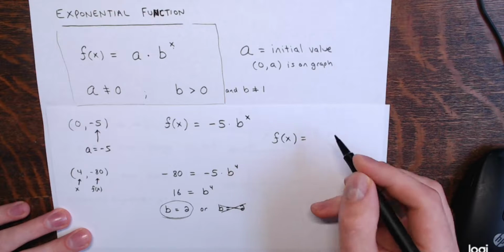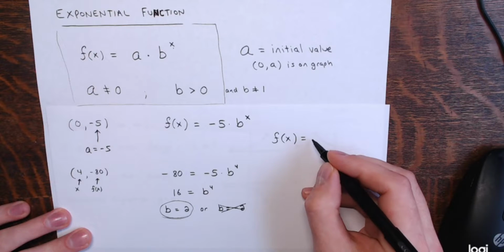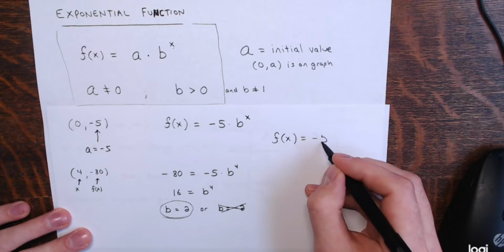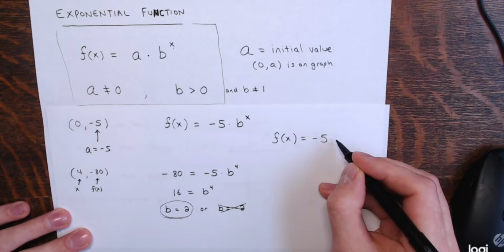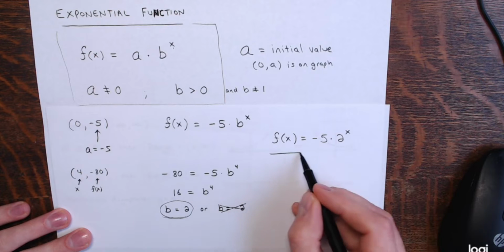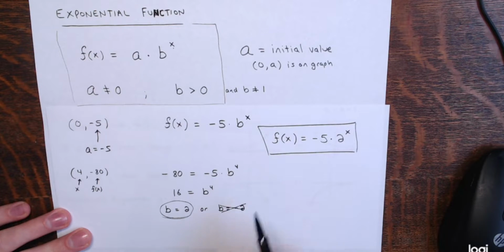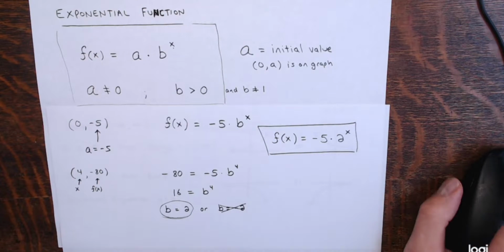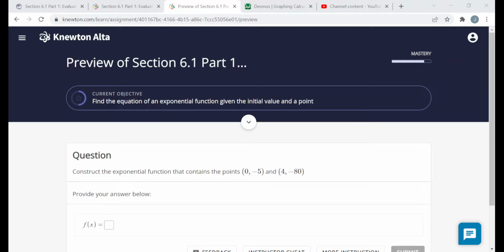Our exponential function with these 2 points is f of x equals -5 times 2 to the x. And that should be good. All right. And you can look at a graph of it if you wish and make sure those points are on it. All right, so -5 and then in parentheses, the base 2 to the x power.